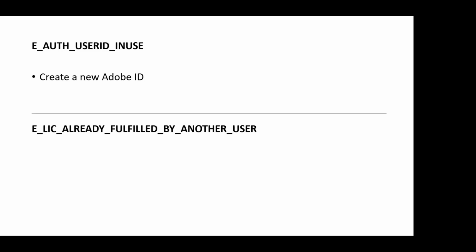An already fulfilled by another user error occurs when you are trying to open an ebook that has already been opened on an authorized device on a device that is not authorized. When you open an ebook on a different device, again, make sure they are all authorized with the same Adobe ID.